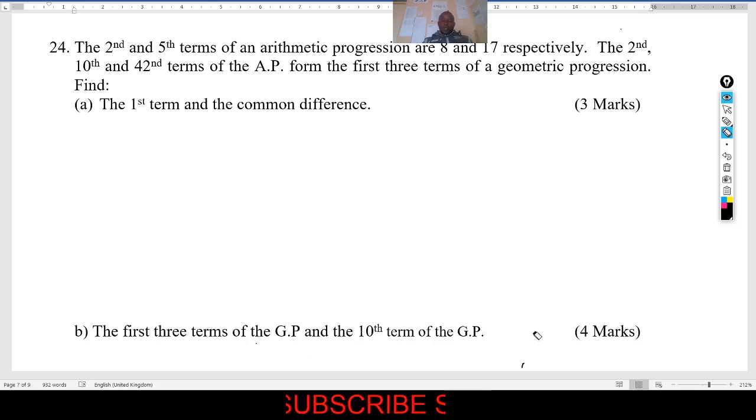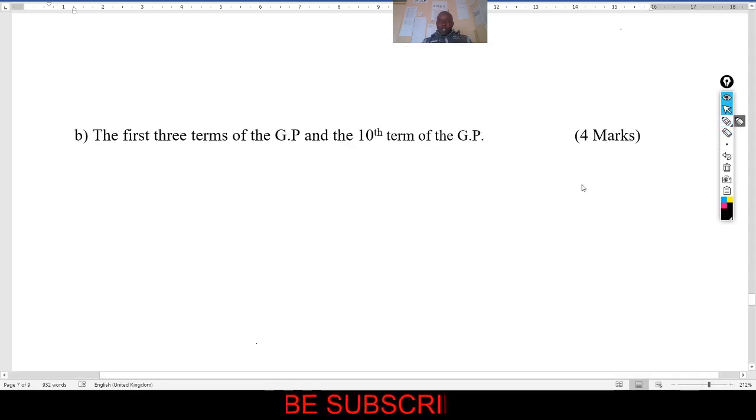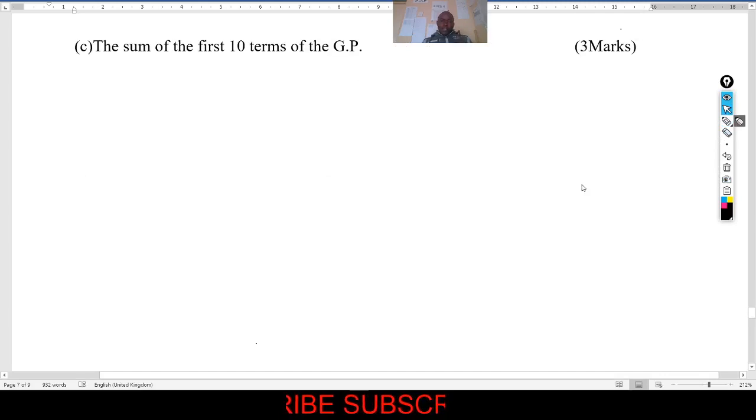Now to get the sum of the first 10 terms, that is what the question is asking.